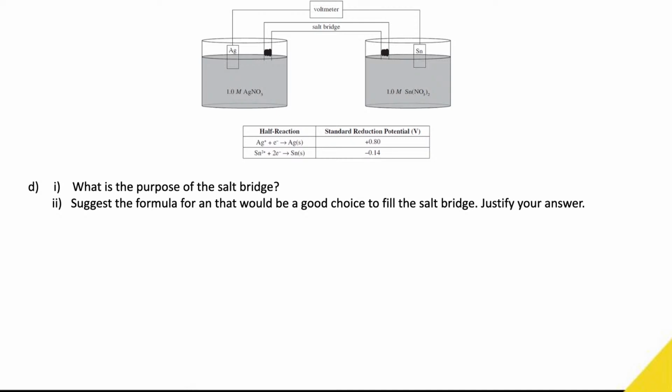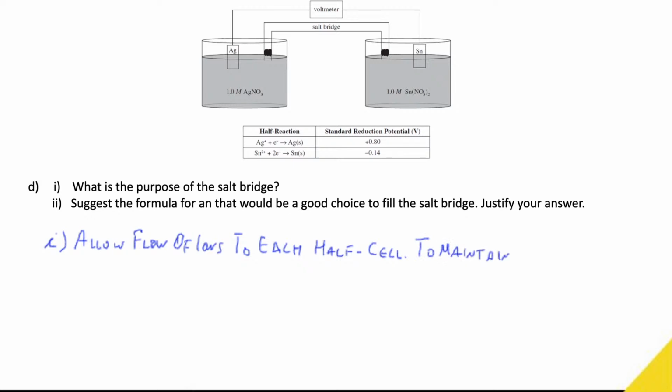The purpose of the salt bridge is to allow the flow of ions to each half cell, to maintain electrical neutrality of each half cell.